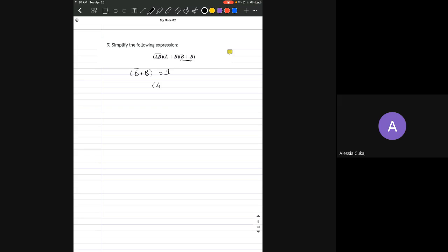So what we're left with is a b naught multiplied by a naught plus b.